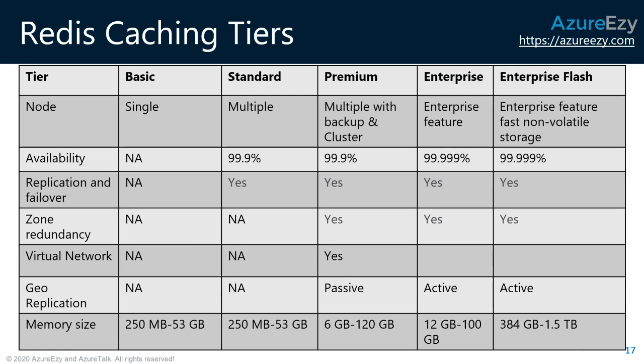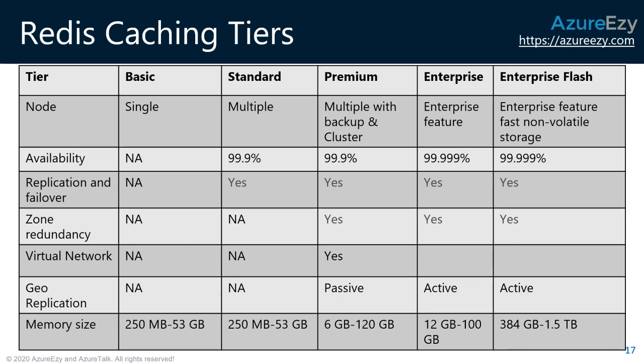Plus, enterprise supports geo replication, and that is in active mode. Enterprise flash also supports geo replication. The difference between enterprise and enterprise flash is the type of non-volatile storage that you are using.